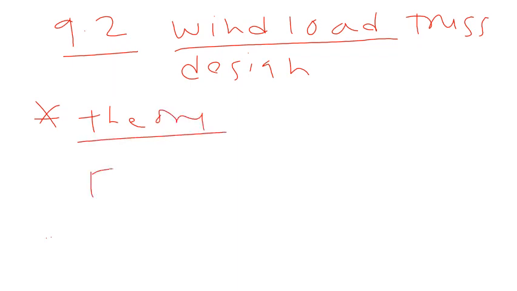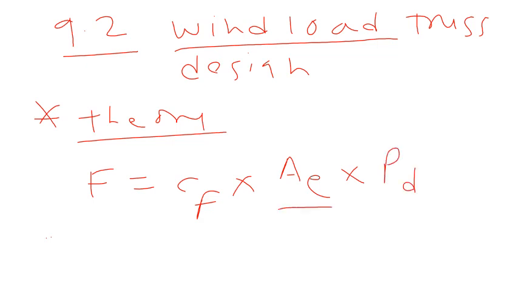We know that wind load F is equal to CF into AE into PD. So this AE is the effective area of the structure. A may be taken as less than the area due to the opening and shielding.